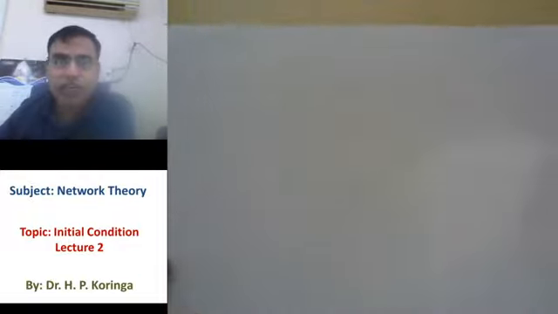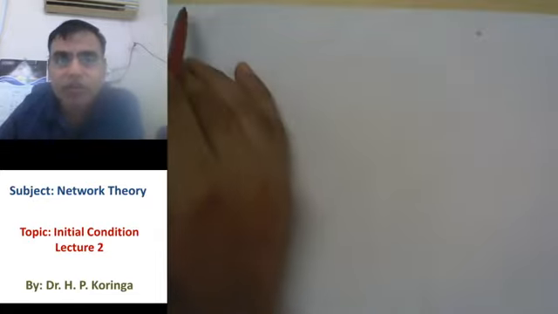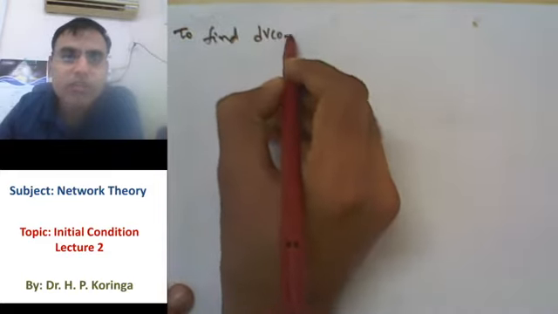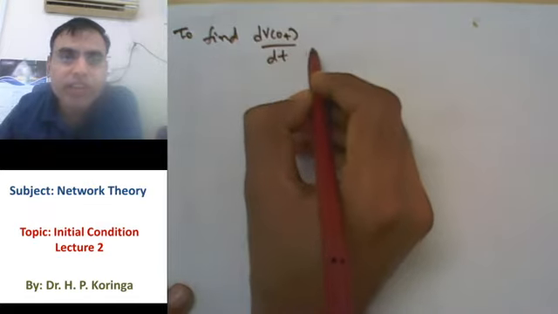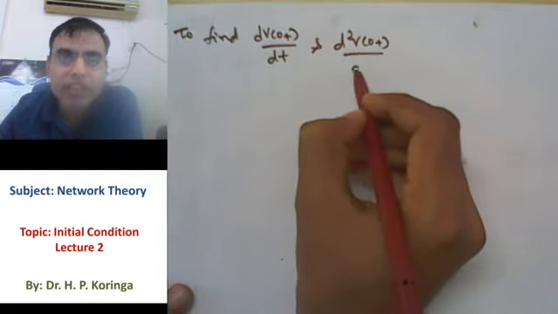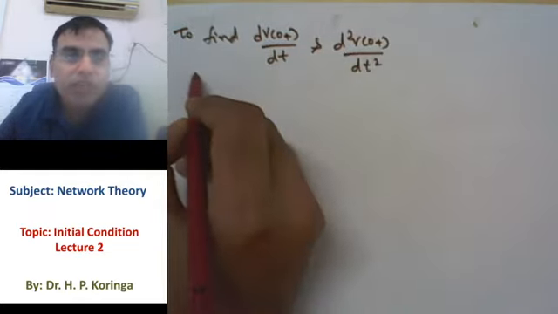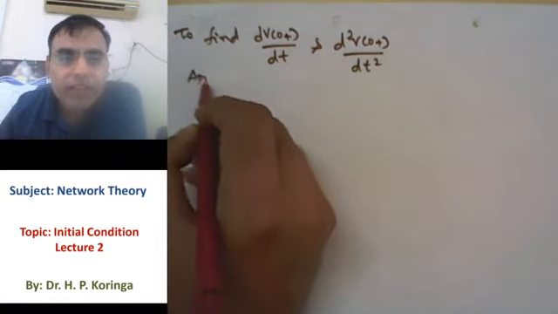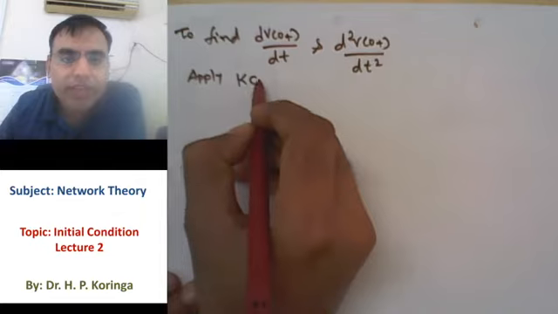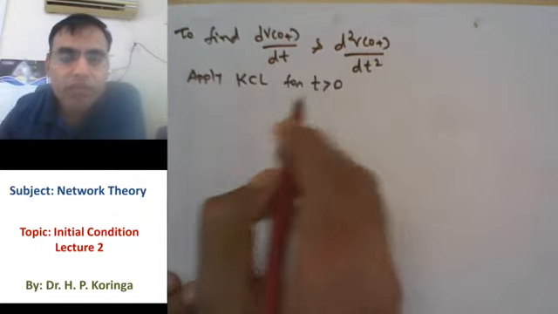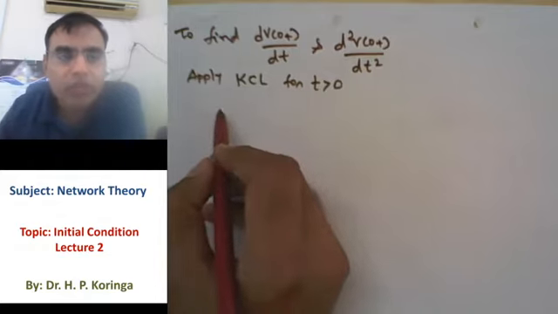To find dV0 plus divided by dt and d square V0 plus divided by dt square, we have to apply KCL. Here we want to find voltage, so we'll apply KCL for t greater than 0. So we'll first draw the network for t greater than 0.